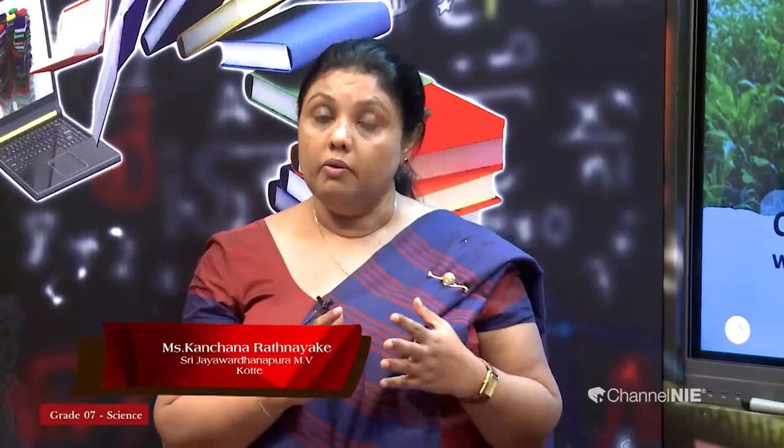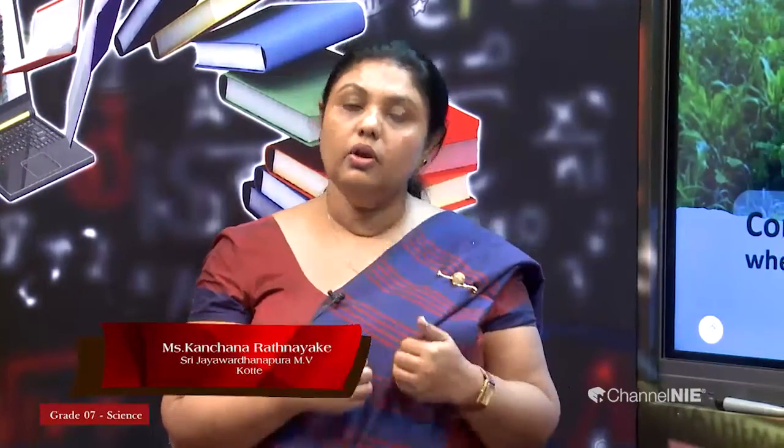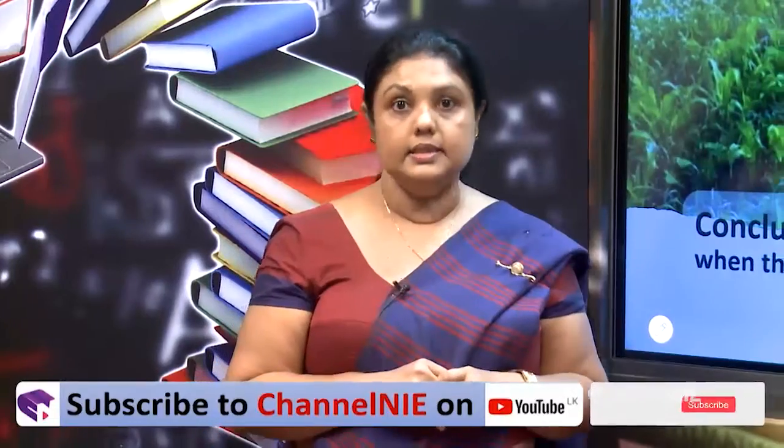If soil is not there, you can understand that all living organisms cannot live. It is very, very important to know about soil. We must also be involved in protecting it, somehow keeping its structure as it is.